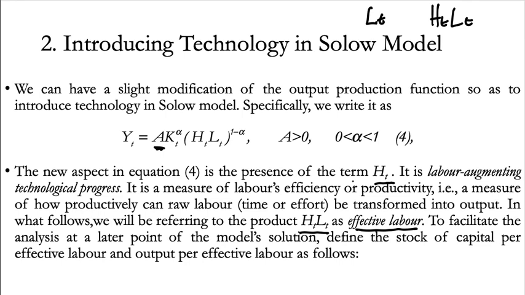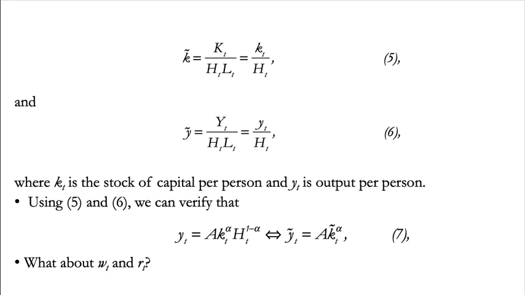Okay. To assist us in the analysis at a later point, when it comes to model solutions, we need to define certain things here. We need to define number 5 and number 6. Number 5 is capital per effective labor. Last time we had this small letter k_t equivalent to K_t over L_t. This is capital per worker, capital per labor.